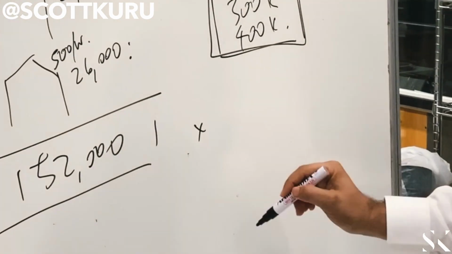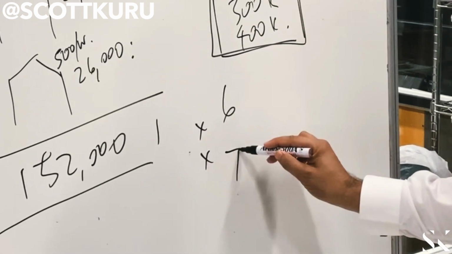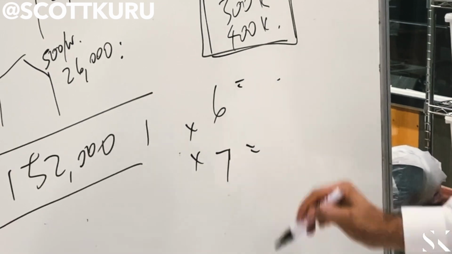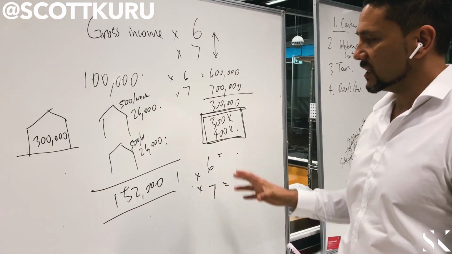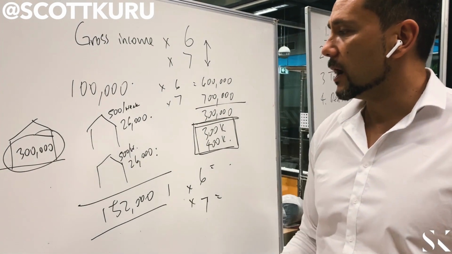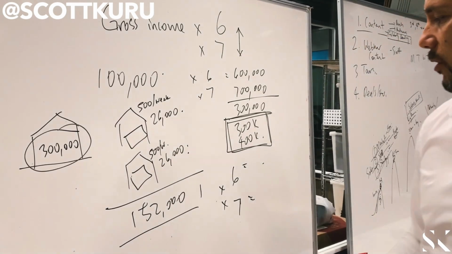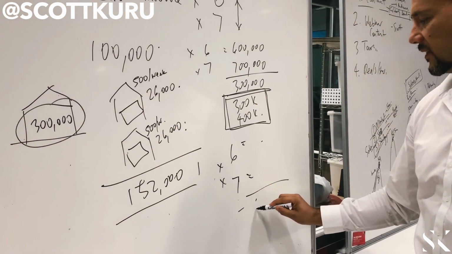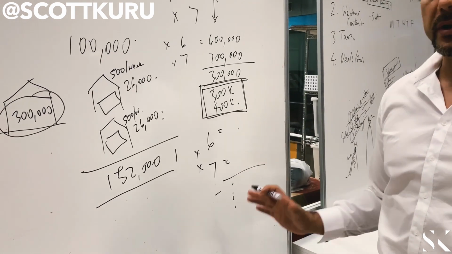So you times that by 6, or you times that by 7 to basically work out what your borrowing capacity is going to be. And then you'll look at any debt that you have on your home that you live in, any debt that you have on these particular properties, and deduct that debt from that overall amount, and that will work out your borrowing capacity.